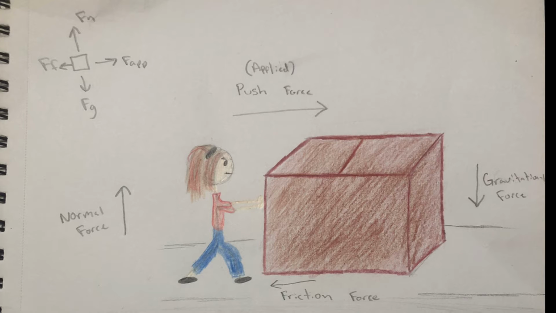And as you can see in the left corner, I drew a free body diagram, which we'll be going more into depth a little bit later in the video. But this kind of shows you the forces that are in this situation. So the direction of the force would be going down.